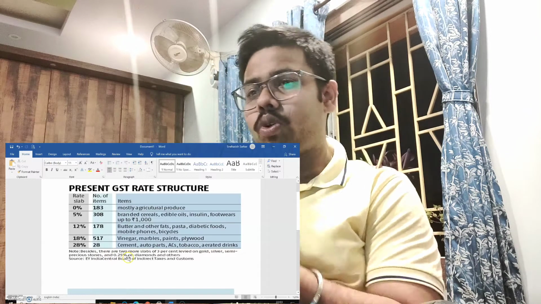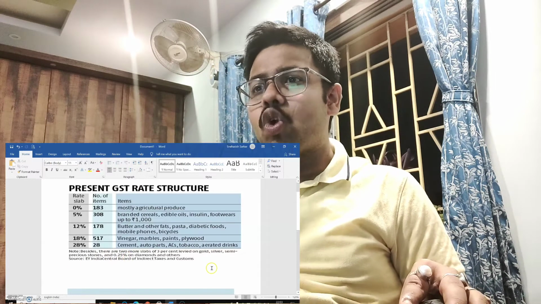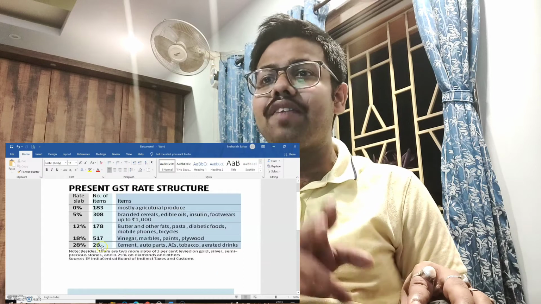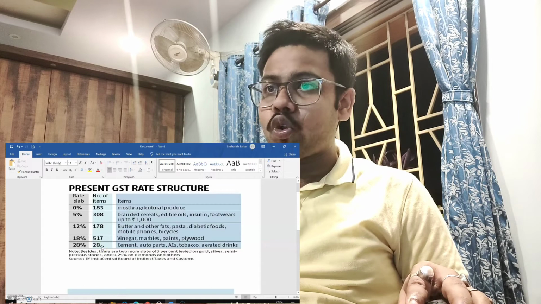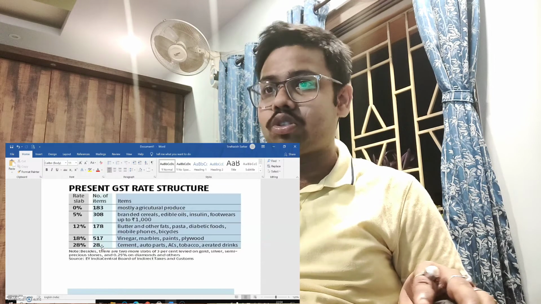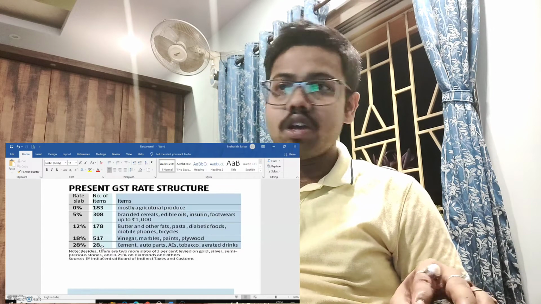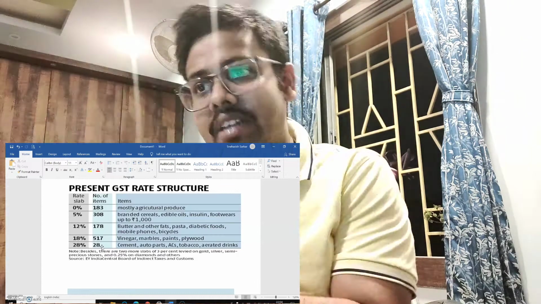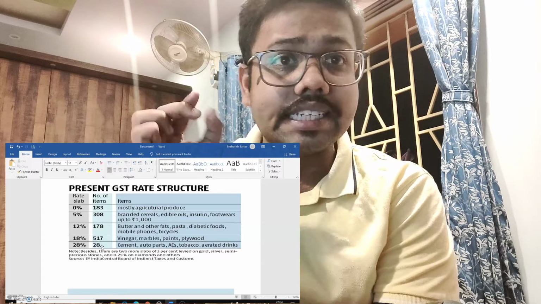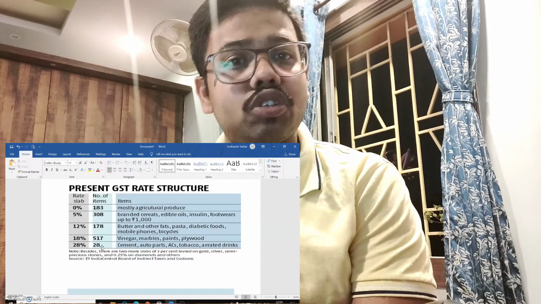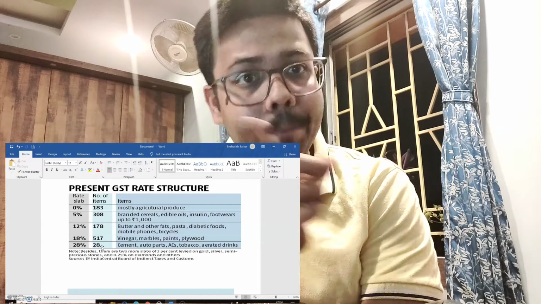Now there is a note. Besides, there are two more slabs: 3% levied on gold, silver, semi-precious stones, and 0.25% on diamonds and others. So besides these charge rates, there is another, that is 3% levied on gold, silver, and semi-precious stones. What is a semi-precious stone?